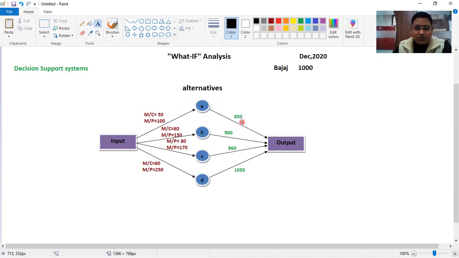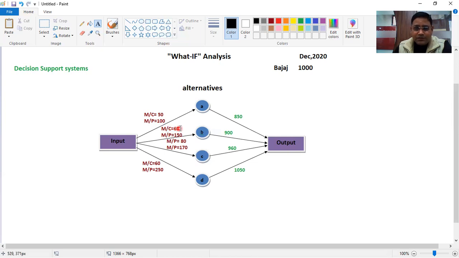Now we have the second alternative, alternative B. With this alternative, we increase machines a little bit by 10 units, so we have 60 machines, and manpower we have increased to 150.